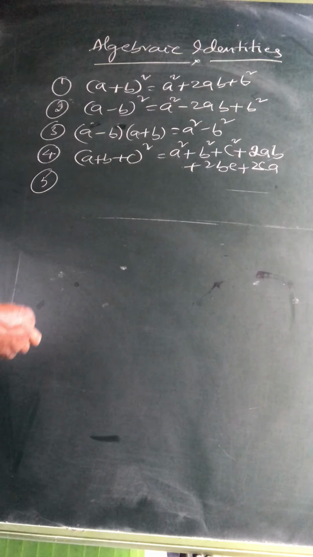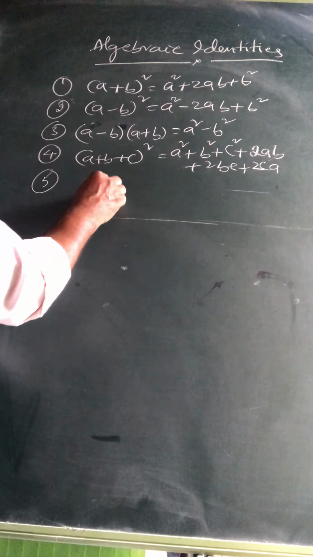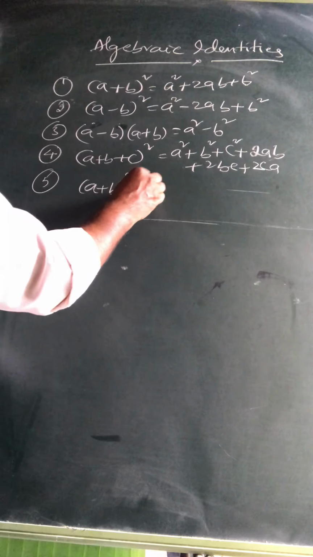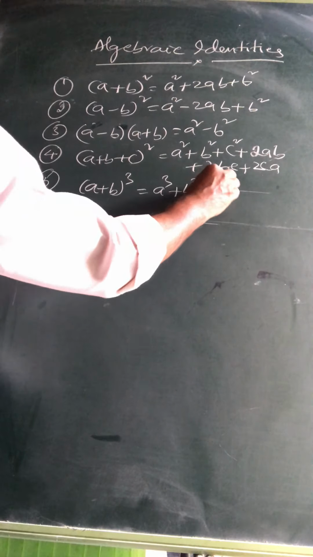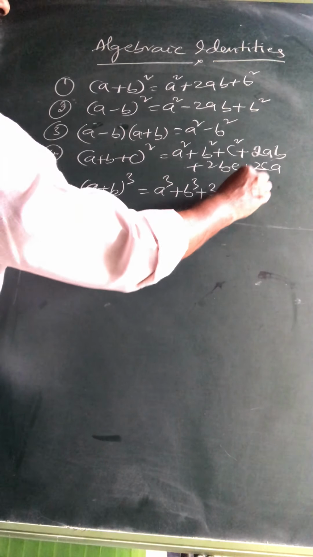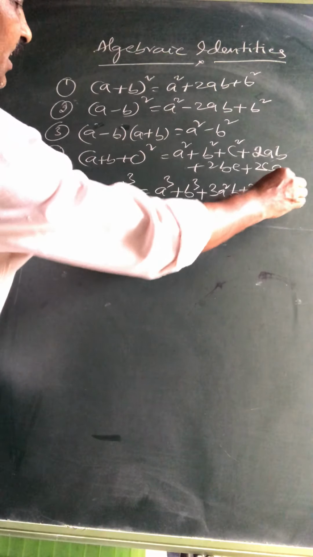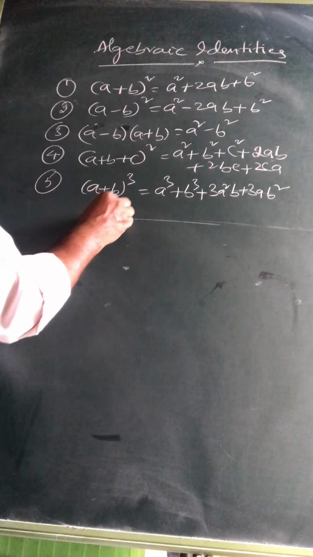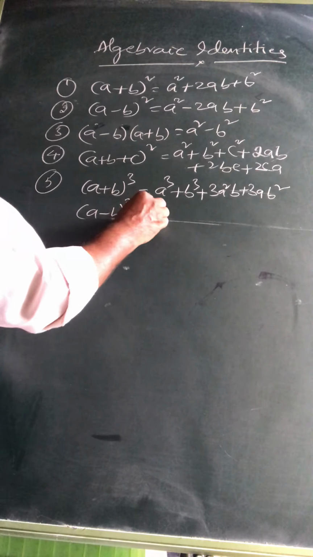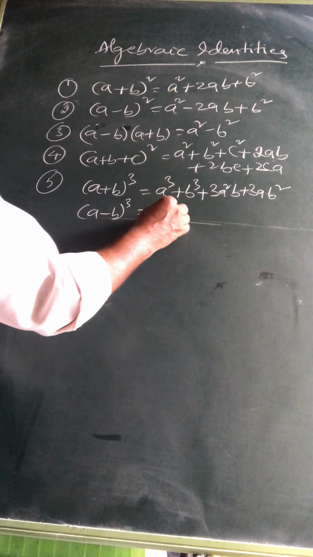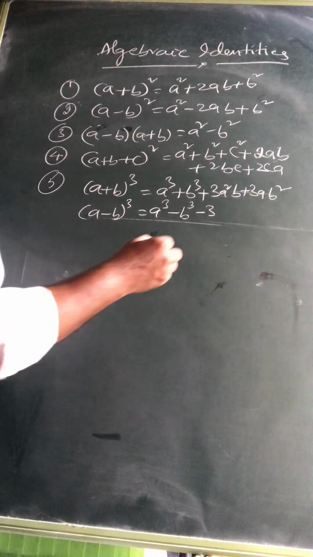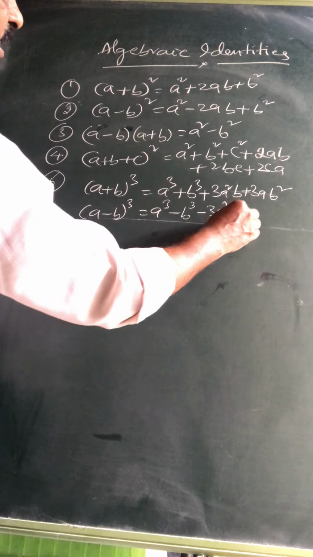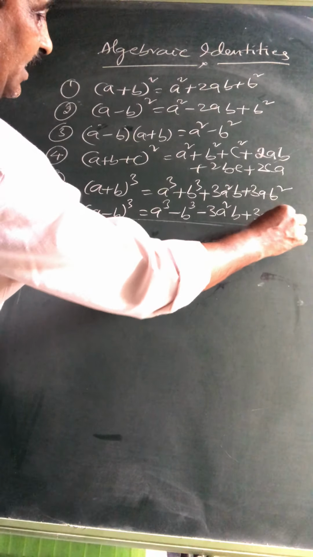Now we are coming to the cubes. (a + b) whole cube is equal to a cube plus b cube plus 3a square b plus 3ab square. Now (a - b) whole cube is equal to a cube minus b cube minus 3a square b plus 3ab square.